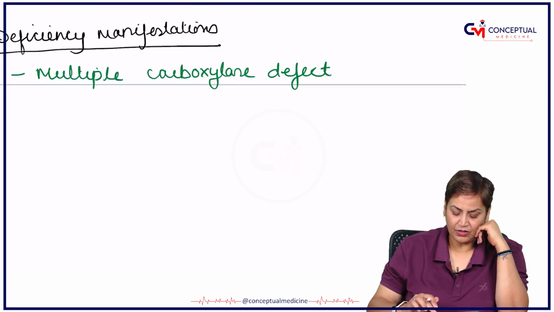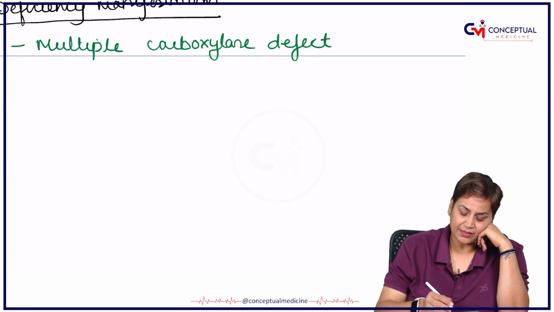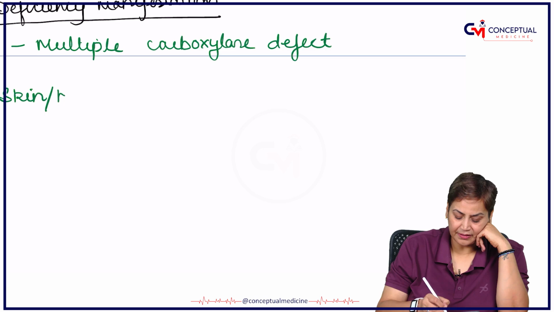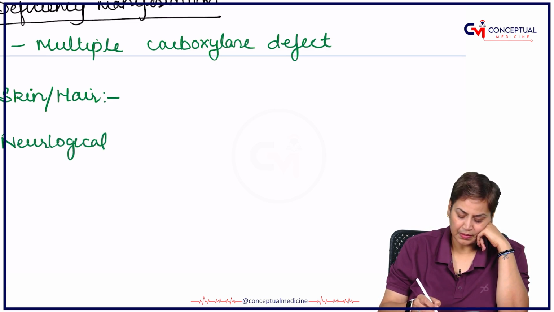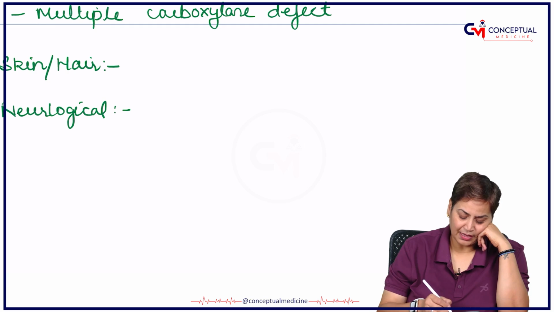Right. And if we talk about what are the main deficiency manifestations, if we talk about the skin and hair, okay, if we talk about the neurological manifestations, then what will be the metabolic manifestations and what will be the GI manifestations.